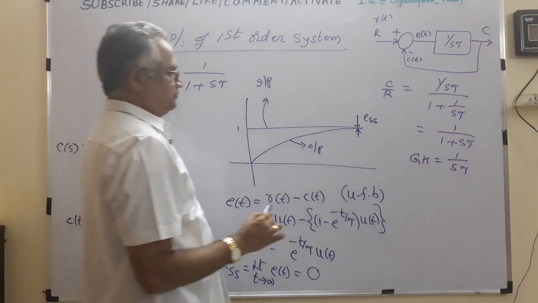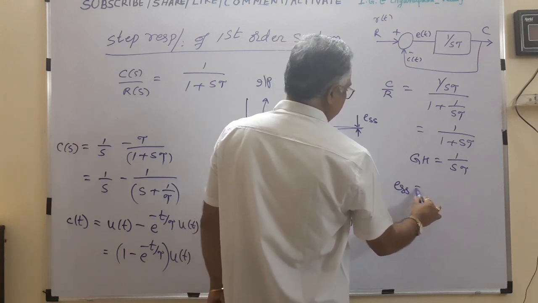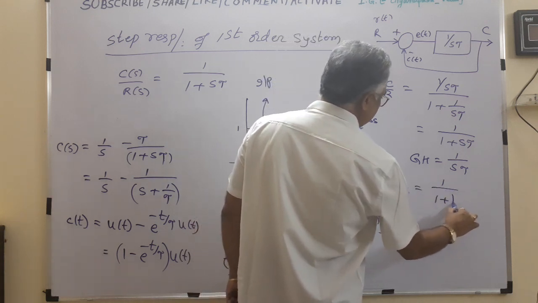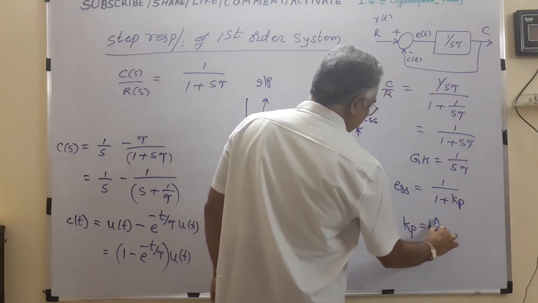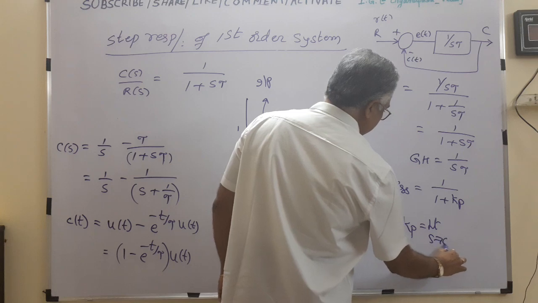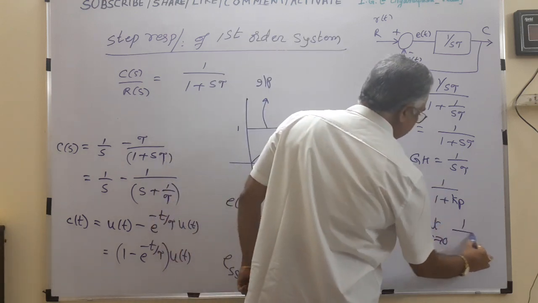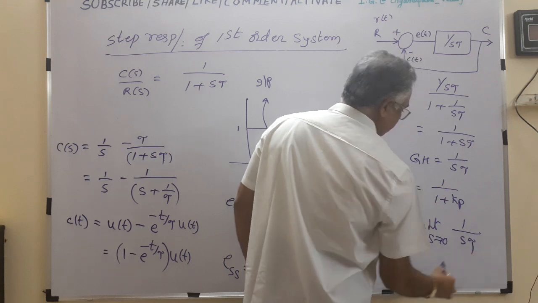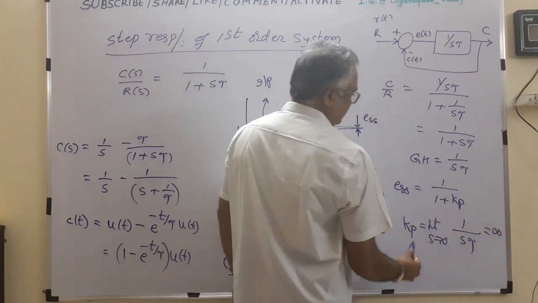Using the formula. What is the steady state error formula? 1 by 1 plus Kp. What is Kp? Limit s tends to 0 of GH. What is GH? 1 by s tau. So at s equal to 0, what is this value? Infinity.